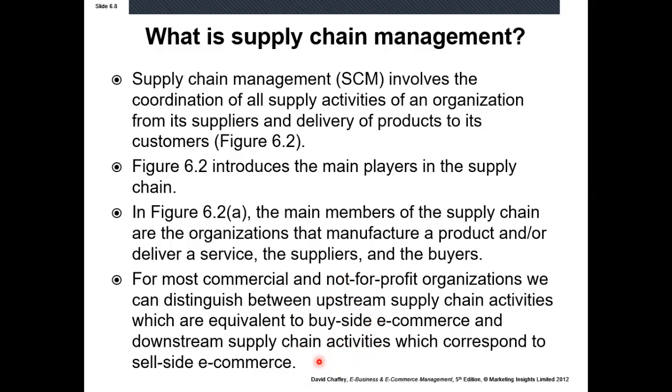So this point says that for many commercial organizations as well as many non-profit organizations, you can clearly identify a set of upstream supply chain activities, which we refer to as buy-side e-commerce, and a set of downstream supply chain activities, which we can identify in other terms as sell-side e-commerce.